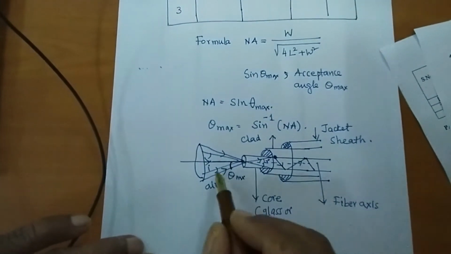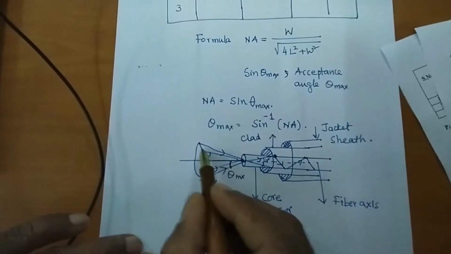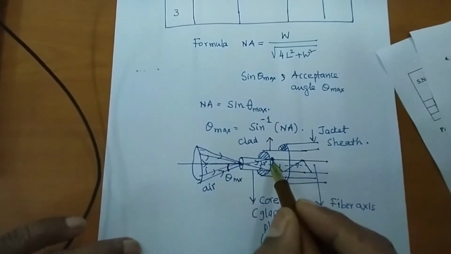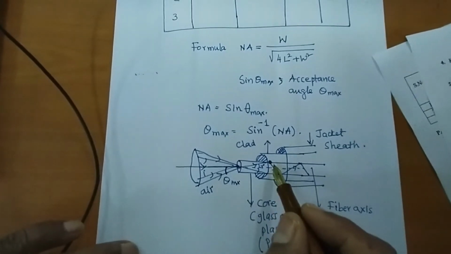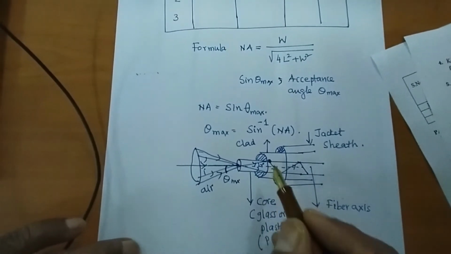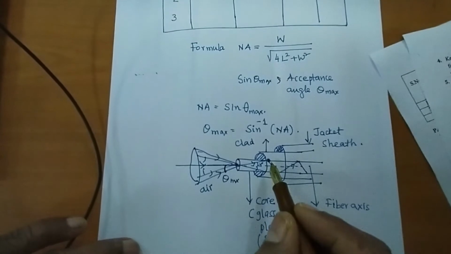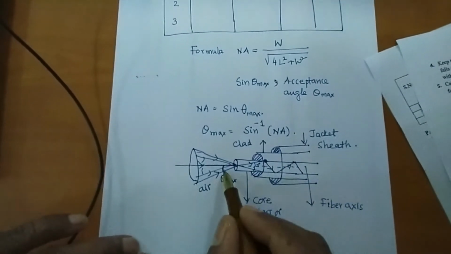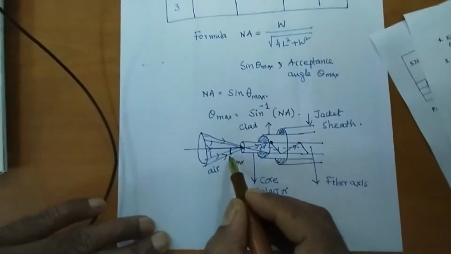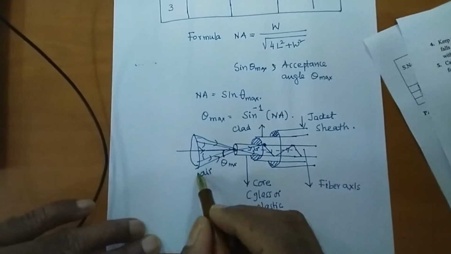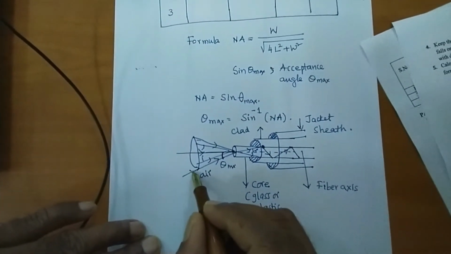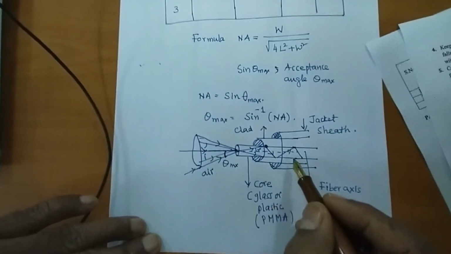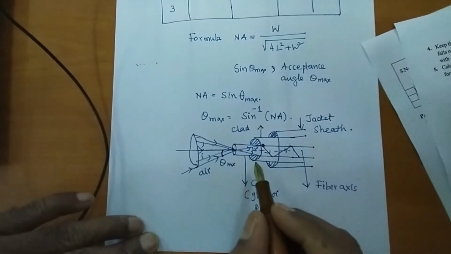All those light rays which are confined to this cone, they will be striking the core cladding interface at an angle greater than the critical angle, therefore they undergo total internal reflection and light passes through it. This maximum angle that can be used to send the light into the optical fiber so that it will undergo total reflection is called the acceptance angle.